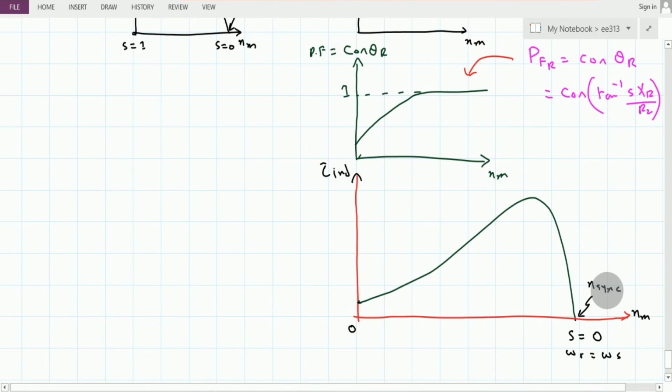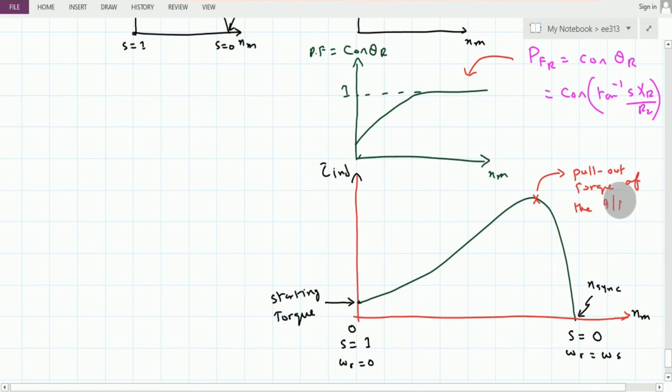On this particular side here we have slip equal to 1 and the rotor speed is equal to 0, and therefore we can say that this is the starting torque of the induction machine. And also we have a peak here. This is known as the pull out torque of the induction motor, and this is the maximum torque that a given induction motor can supply to a load.